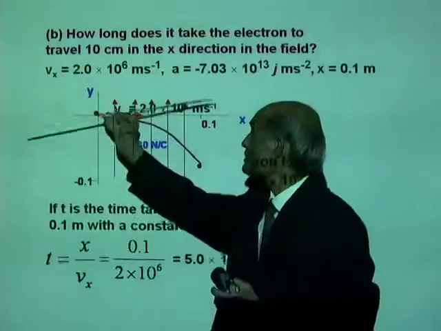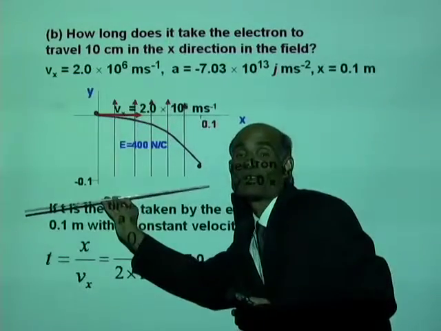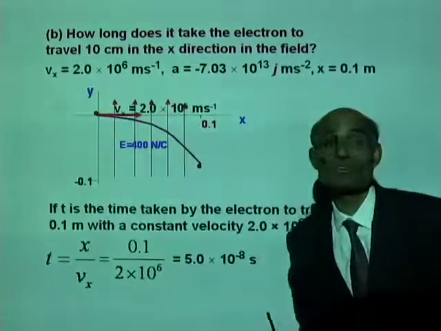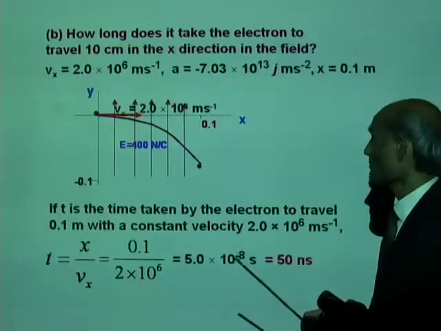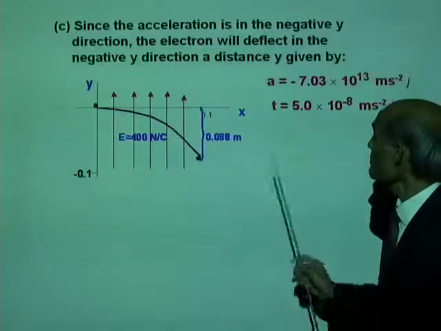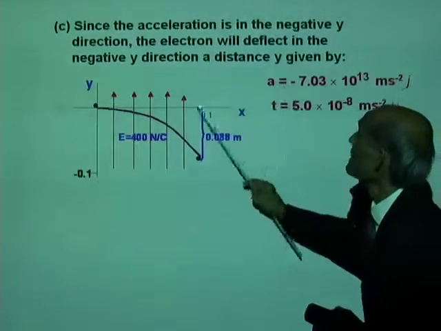During that time, the electron is falling vertically. We need to find that vertical fall. What is the vertical fall of the electron?